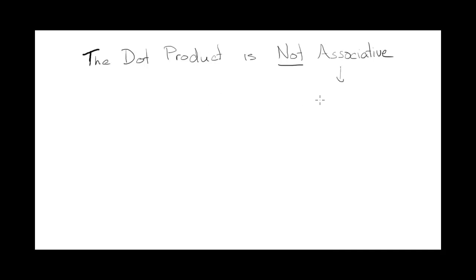Associative has to do with if you multiply three things. So if you're multiplying three numbers, so let's say you're just multiplying a times b times c. So this is regular multiplication. A, b, and c are just real numbers. How do you do that?